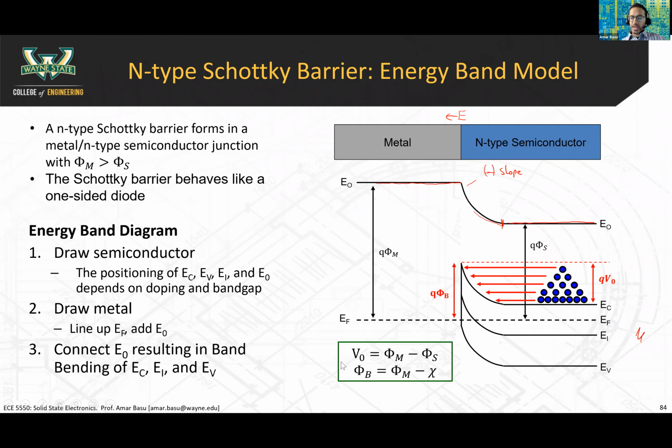The formula for the built-in potential in this case is different than that of a diode. It is actually equal to phi m minus phi s. And you can just look at the band diagram and tell right away. This line here is phi m. This line here is phi s.